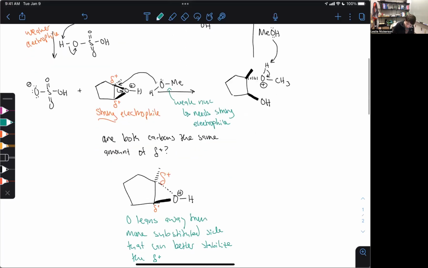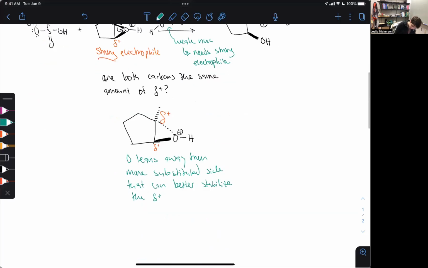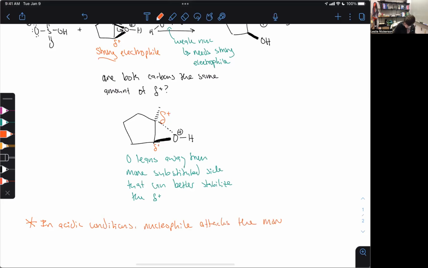Okay, so in acidic conditions, the nucleophile attacks the more hindered side.